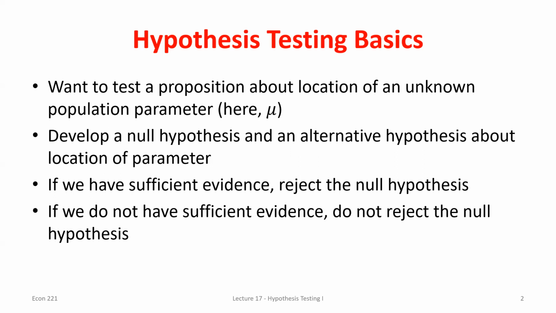Now, what probably wouldn't be likely? Let's say I saw a sample mean of 100,000. Well, if the true population mean was 50,000, this is like 5 or 6 standard deviations away. It's pretty unlikely I would see this from my sample mean if this was in fact the true value. So if I see something this far away from what I assume to be true, the probability is that that's not true.